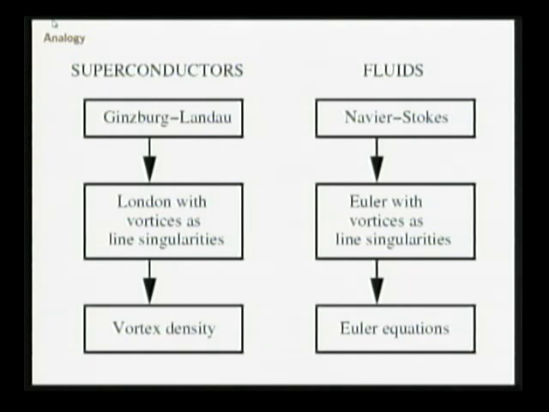So we've taken advantage of the analogy to say, well, can we do the same thing over here? Can we write down equations that have a distributed vorticity or a vortex density, even in the superconducting case? And we found that we've got these vortex density equations, which look a little bit like the Euler equations. But I've highlighted that there are one or two things that are not so pretty about them.